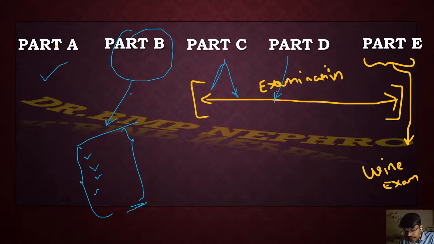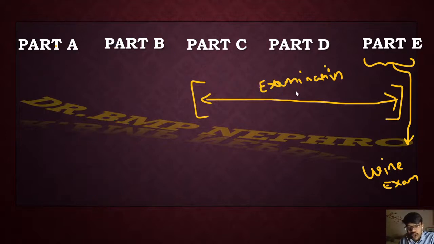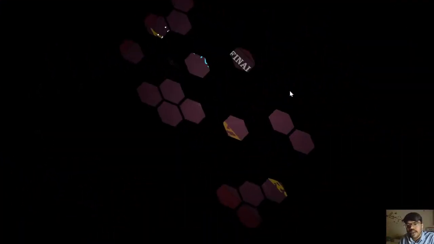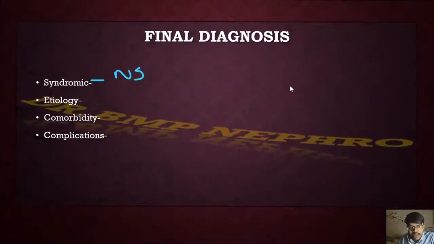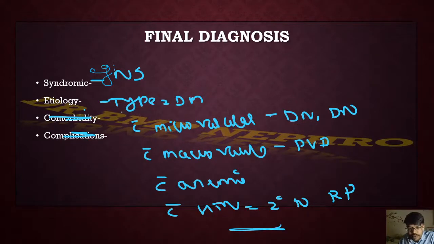So now your history and examination is almost complete. Now the complete summary and final diagnosis have to be given. Example, if it is a nephrotic syndrome, you have to tell syndromic diagnosis of nephrotic syndrome, etiological diagnosis type 2 diabetes with a microvascular complication in the form of diabetic nephropathy, diabetic neuropathy, with the macrovascular complication in the form of peripheral vascular disease, with the anemia, you have to tell what is the etiology, whether it is CKD related or not.